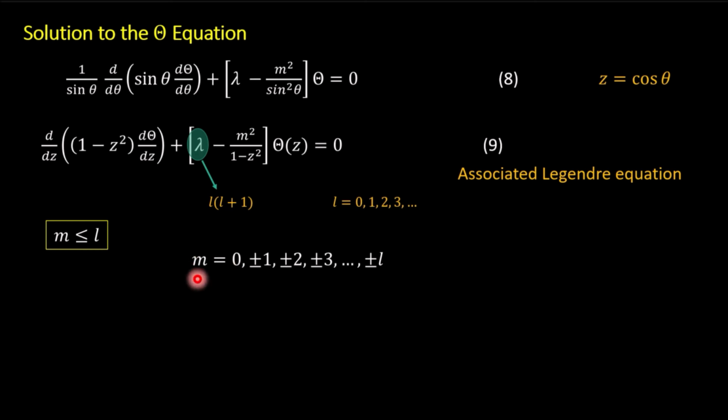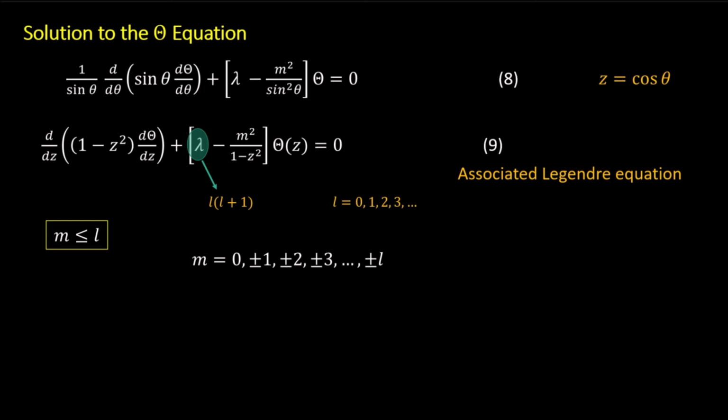So the upper value of the magnetic quantum number is limited by plus or minus l, this new quantum number. So the possible values for the magnetic quantum number are 0, plus or minus 1, plus or minus 2, etc., up to an upper value of plus or minus l.